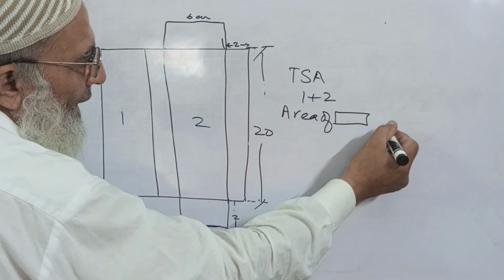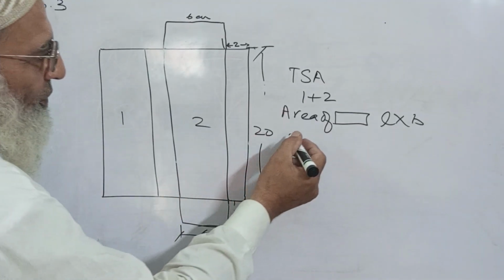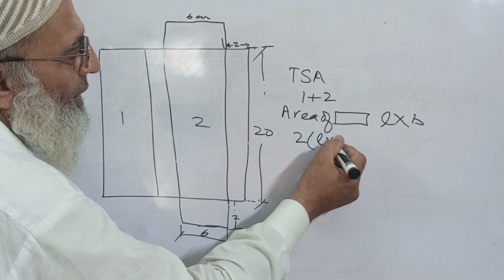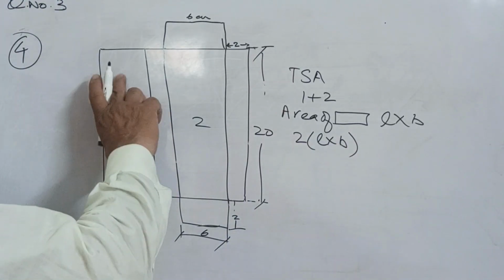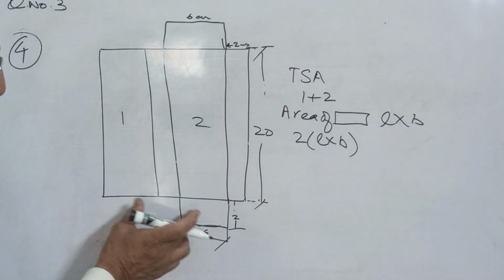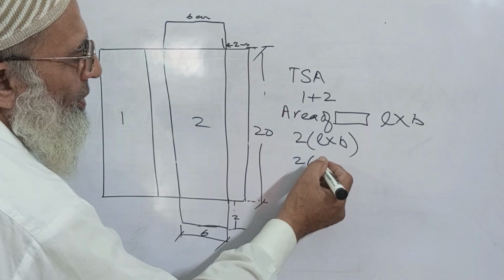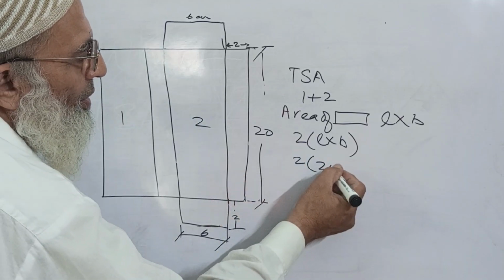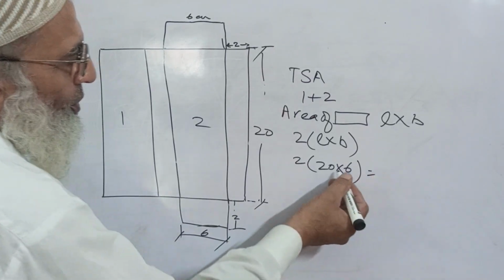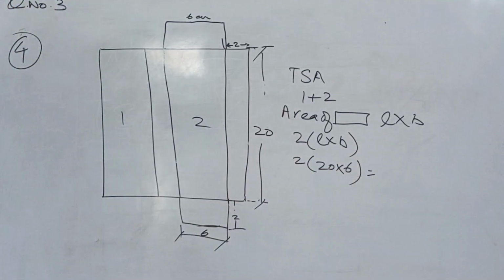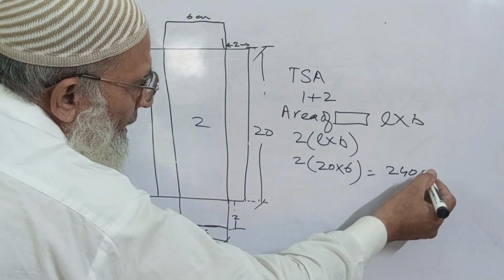Area of rectangle is L into B, and there are two of the same. Keep every answer with you. 20 multiplied by 6, because this face is joining this face. 20 times 6 is 120, and 2 times that is 240 centimeters square.